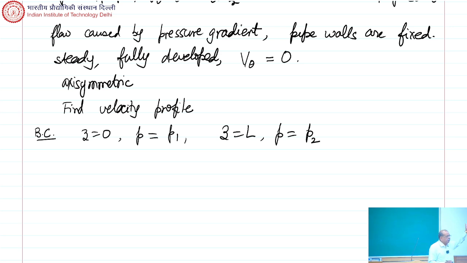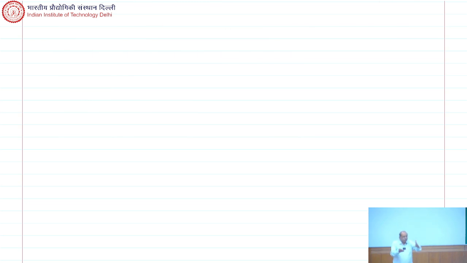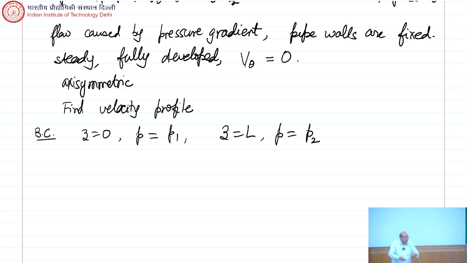The first boundary condition, which is obviously given in the problem. See, when you look at the boundary condition, you don't look at the equations at all. Looking at the problem and the geometry will give you these things. And they will be needed in the solution at each step to solve for the unknown constants.